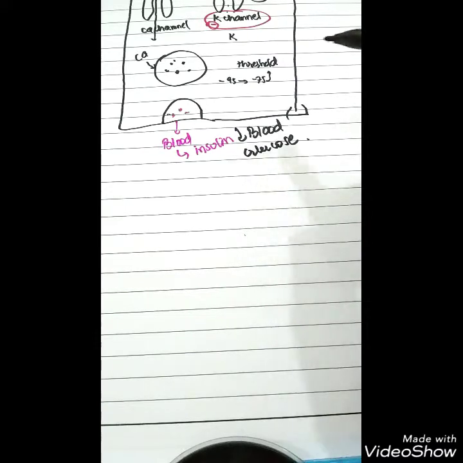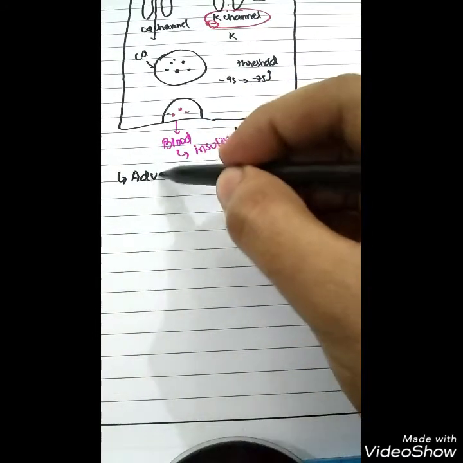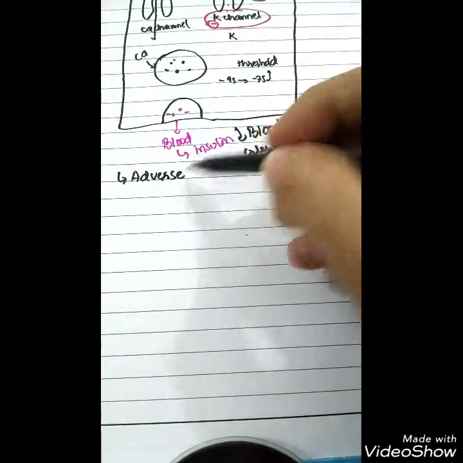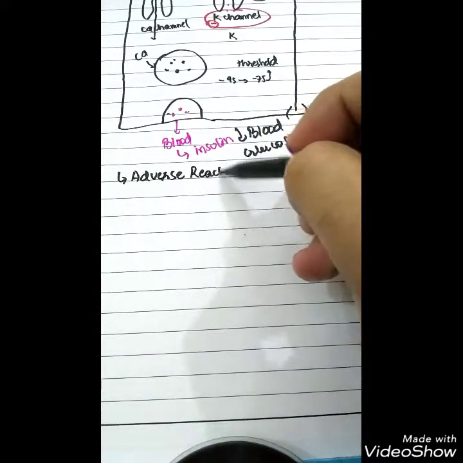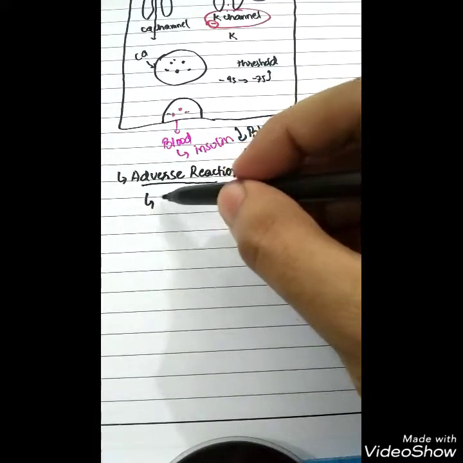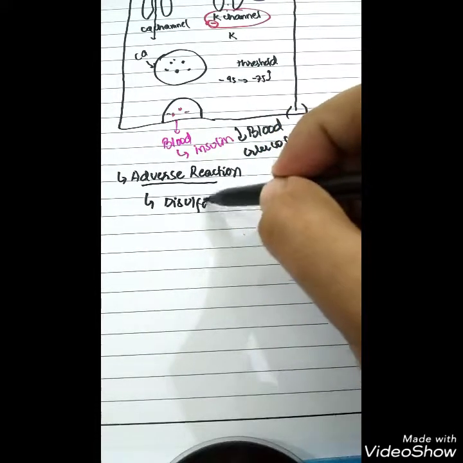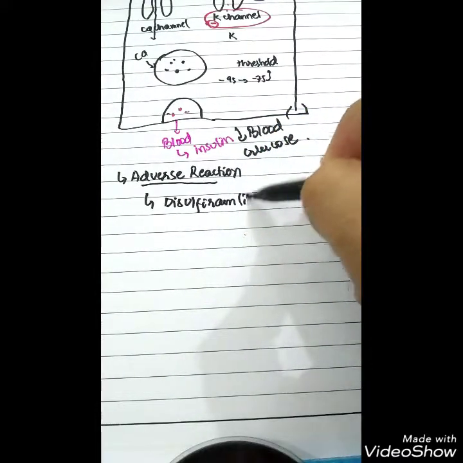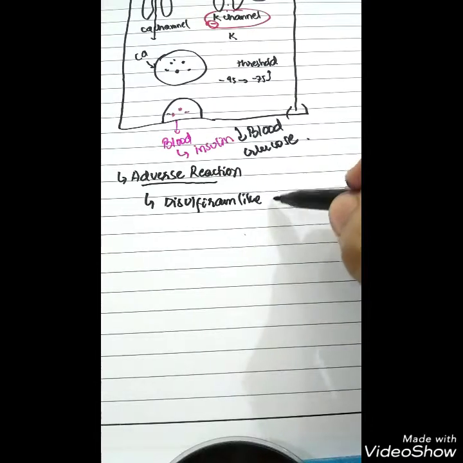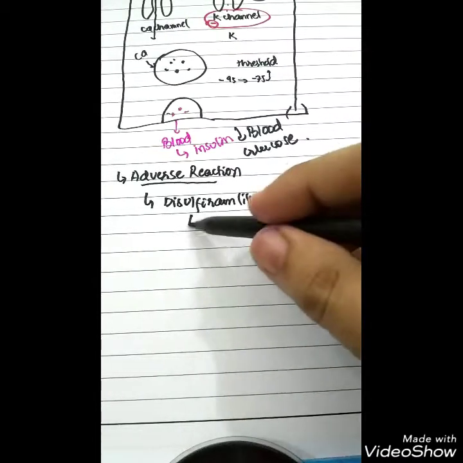Okay guys, we have learned the mechanism. Now what adverse reactions will this drug cause? We know that the first generation causes a disulfiram-like reaction.